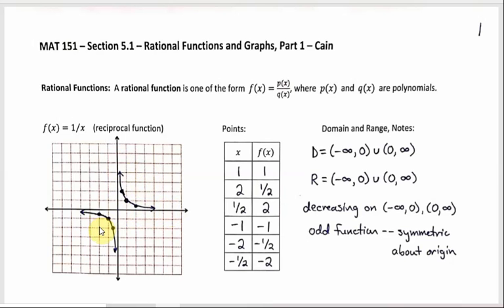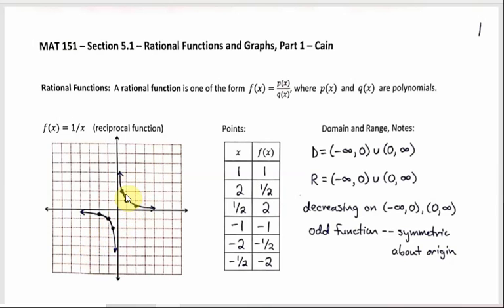And the same thing happens down here. This one is entirely going to be in the third quadrant because it's not going to cross or touch the x-axis, and the function's still undefined at 0, so it's not going to touch the y-axis either. And then notice that as x gets closer to 0, the function goes in opposite directions.